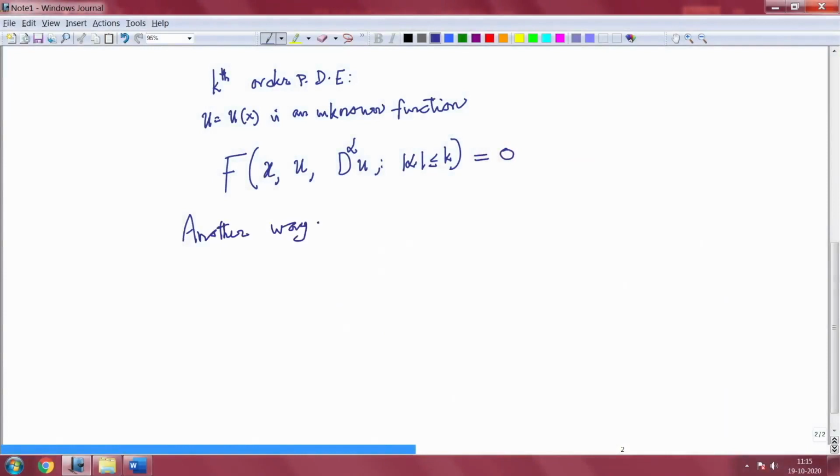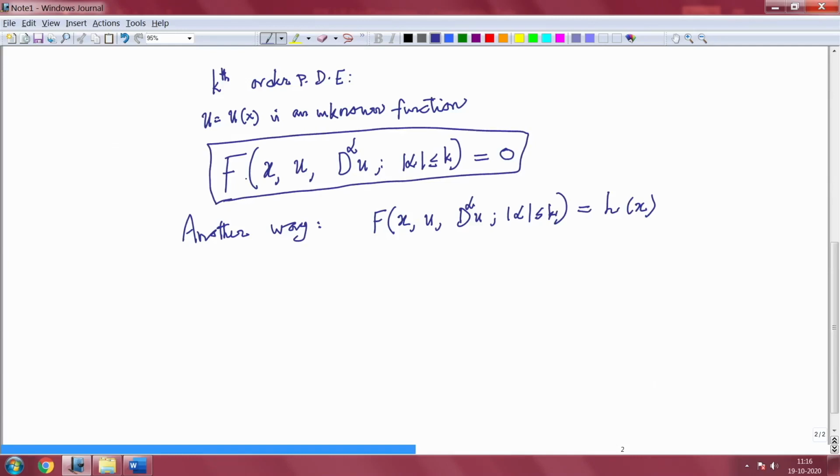This is to explain a notion of linearity: the sum over mod alpha less than or equal to k of the terms in D power alpha u equals some non-homogeneous term. f is some function, mapping from some domain Omega, or it can be R^n also, for the x variable.